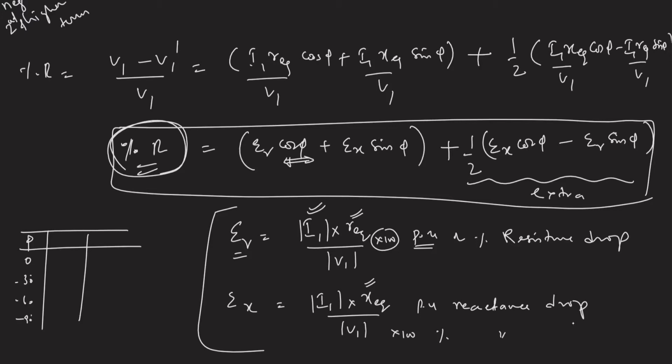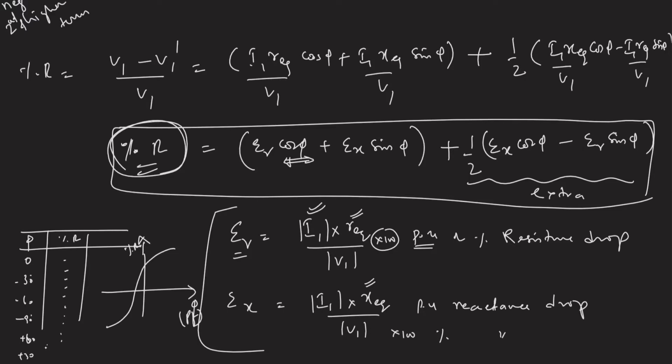Under that condition you can calculate the percentage regulation values like that, and then slowly go to the leading side, plus 30, plus 60, like that. If you draw this, then you will get a graph. This is percentage regulation versus the power factor or power factor angle, right?